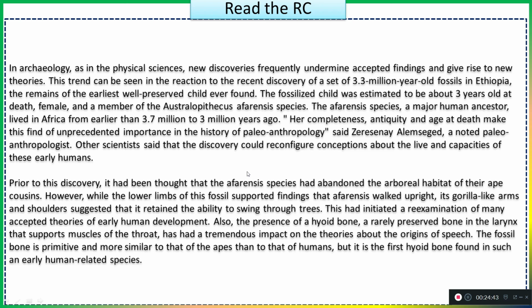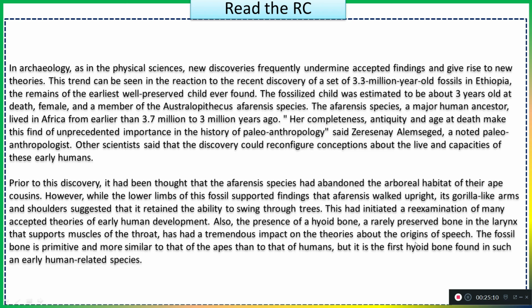And this had initiated a re-examination of many accepted theories of early human development. Also, now adding on to it, also the presence of a hyoid bone, a rarely preserved bone in the larynx that supports muscles of the throat, has had a tremendous impact on the theories about the origins of speech.